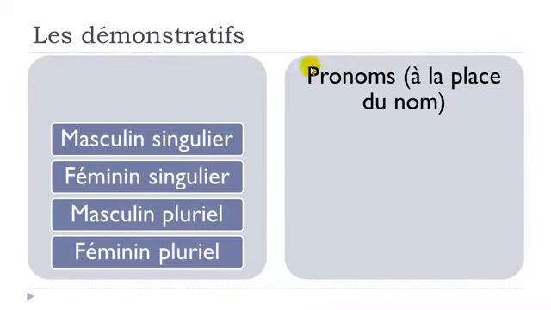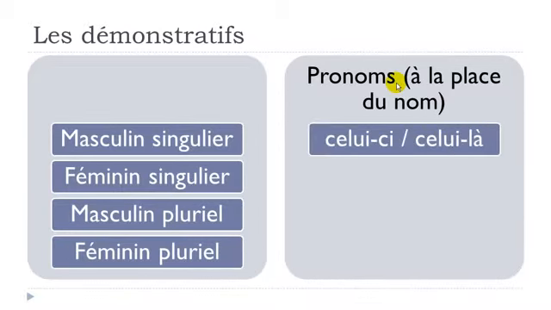It means that you will have to use these pronouns instead of the noun. So for the masculine form, we will have celui-ci and then celui-là. We'll see the difference of use, but celui-ci, celui-là. In English, it would be directly translated as this one.